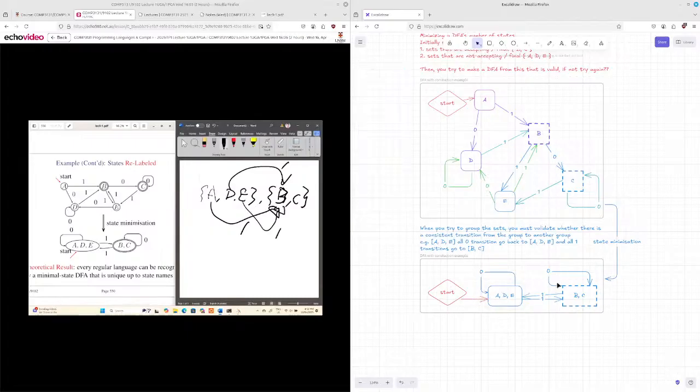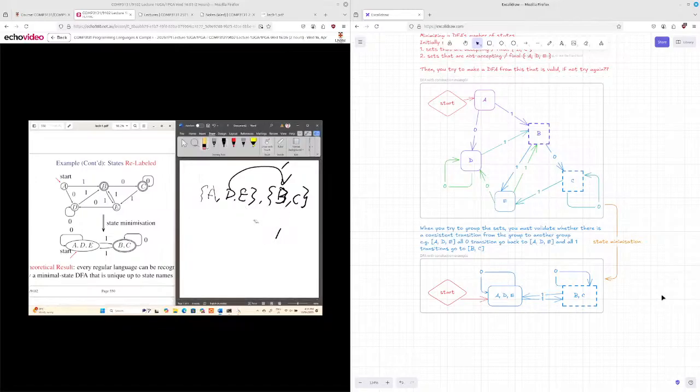It doesn't matter whether I move to B or C; if the next input is 1, we always move from this partition to the same partition. So if you merge all three, you're not going to lose any information. That means these three are equivalent. There's no point in having three separate states. That's the idea of this algorithm.